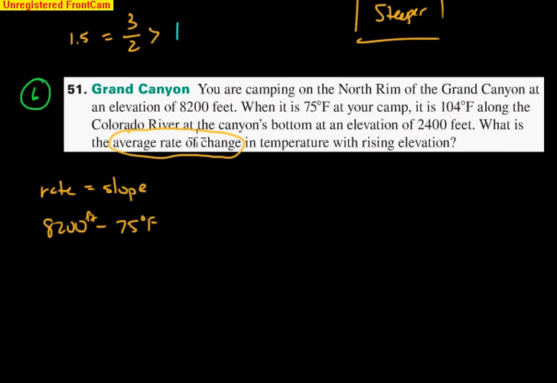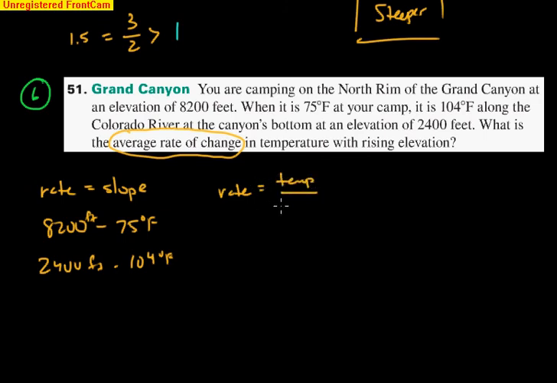Then it says it's 104 degrees along the Colorado River at the bottom with an elevation of 2,400 feet. So we need to put 2,400 feet with 104 degrees Fahrenheit. And notice what the question says. What is the average rate of change in temperature with rising elevation? They put temp first.